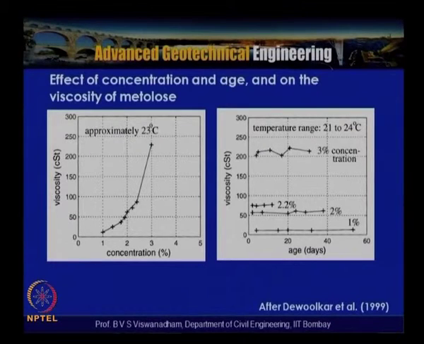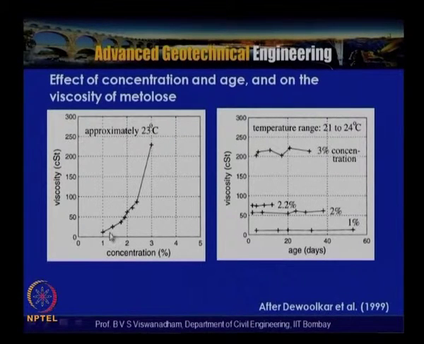So here in this particular chart, the effect of concentration and age on the viscosity of Metolose is shown. The viscosity is measured using a viscometer, and the concentration is 1%, 2%, 3%.